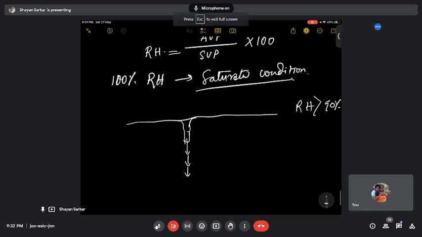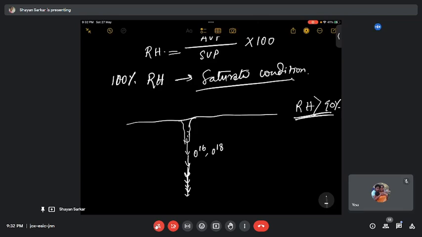When the RH is greater than 90%, O16 and O18 isotopes do not fractionate. Okay, if RH is 30%, 10%, then what we often see?